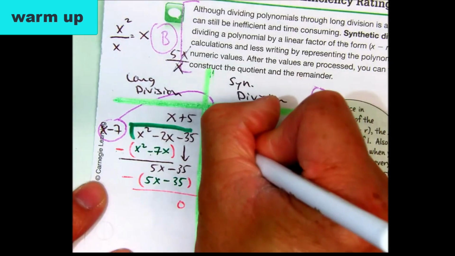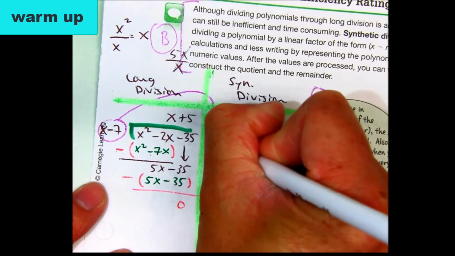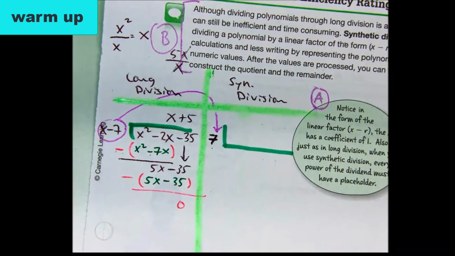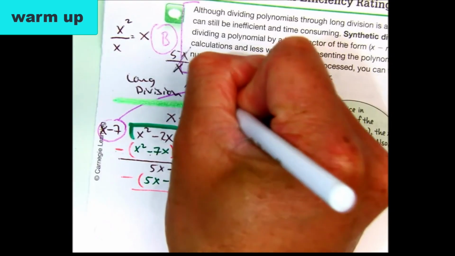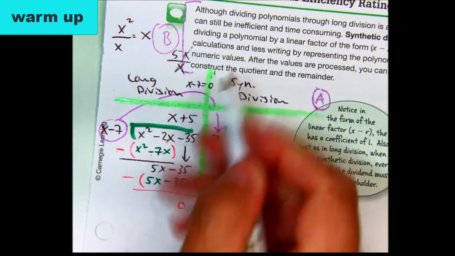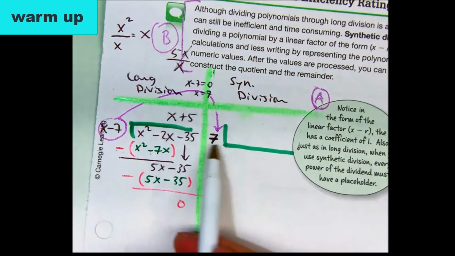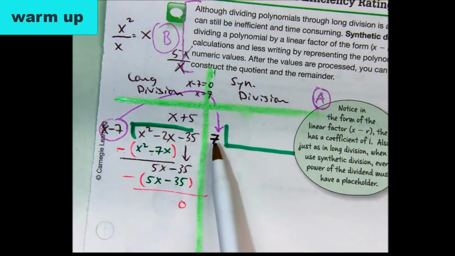X equals a positive 7. Okay? Just watch. Don't write anything. X minus 7, if I set it equal to 0, you just add 7 to both sides, you get x equals 7.